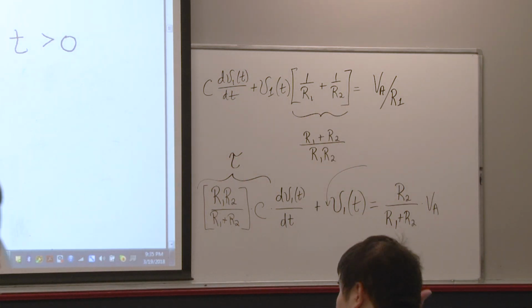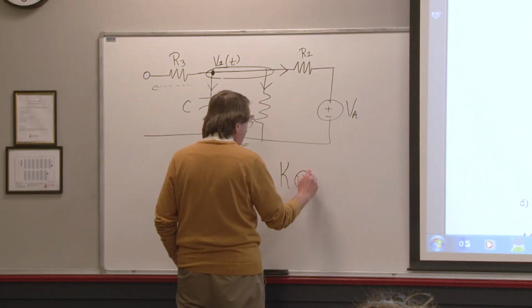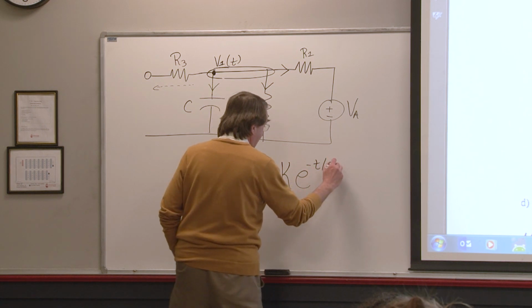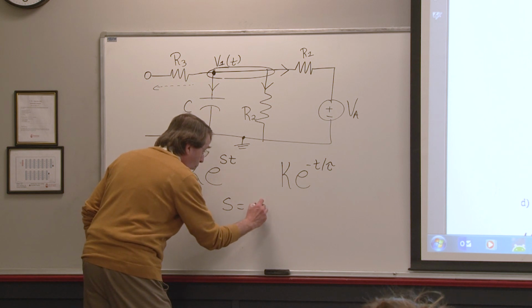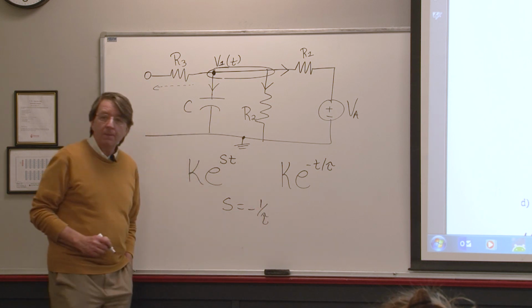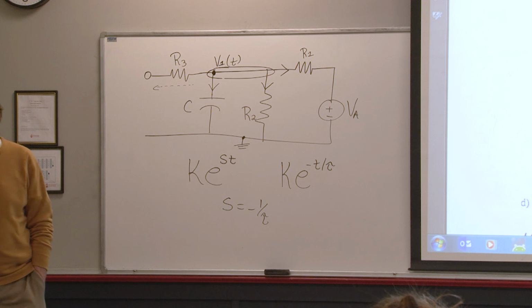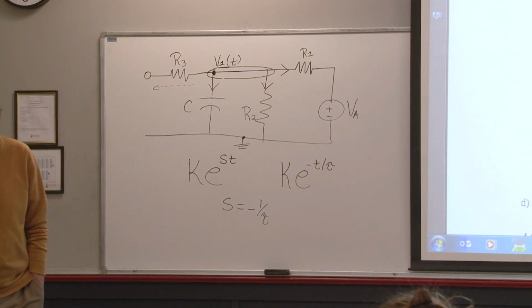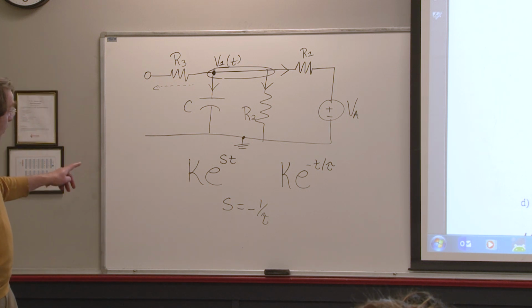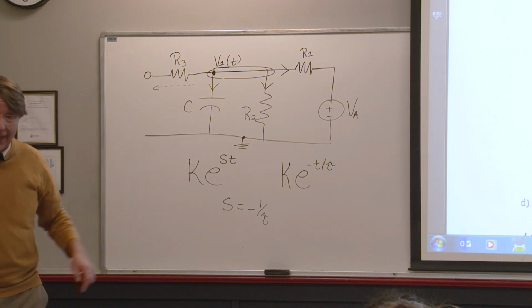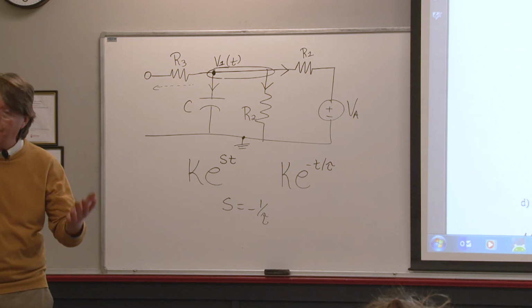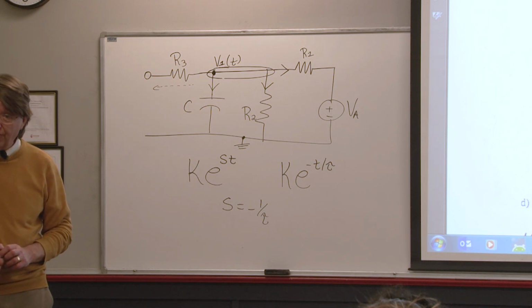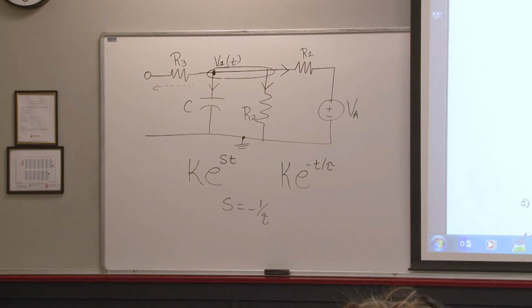And what you'll get is Ke to the minus t over tau. So what we find is s is minus 1 over tau. Now, you don't have to prove that. It's very simple to prove it, and we did it in class at least once. So how do I get it? Take Ke to the st and substitute it into the other equation, but set it equal to 0 because it's the homogeneous solution. And you solve for s, and you get that s is minus 1 over tau.